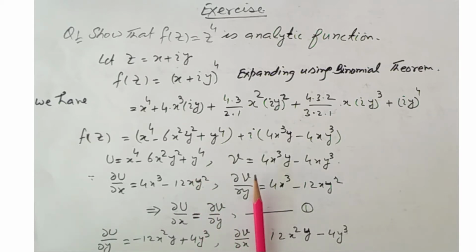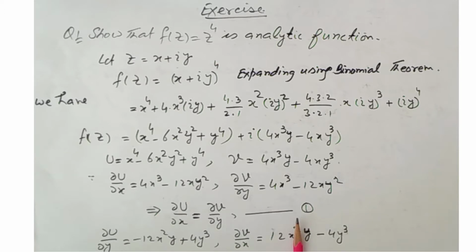Now partially differentiate v with respect to y. This is 4x^3 minus 12xy^2. So these both terms are same, so we can write partial u over partial x equal to partial v over partial y. This is equation 1.